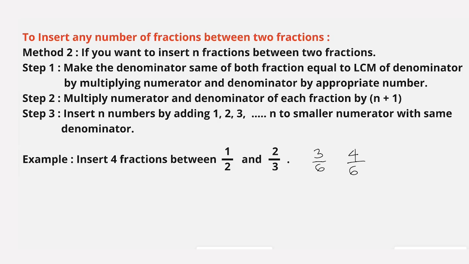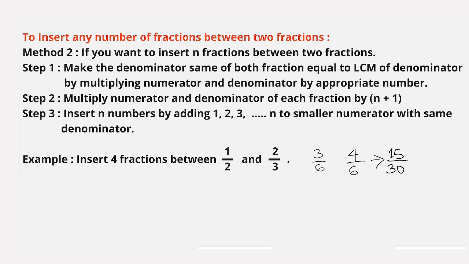As we have to add 4 fractions between these two numbers, so n is 4 and n plus 1 is 5. So we multiply both numerator and denominator by 5. So this becomes 15, 5 times 3 is 15 upon 5 times 6 is 30, and other number is 4 upon 6.